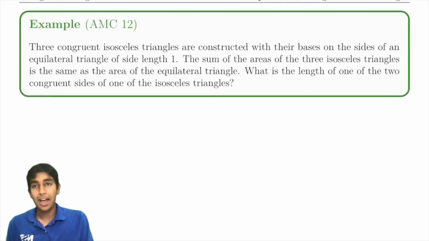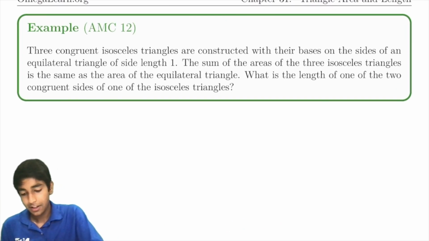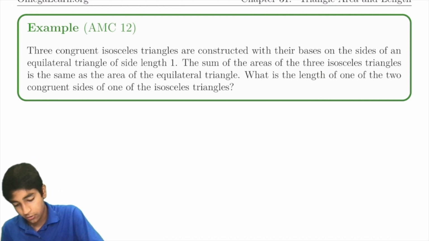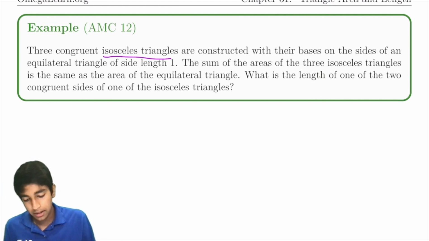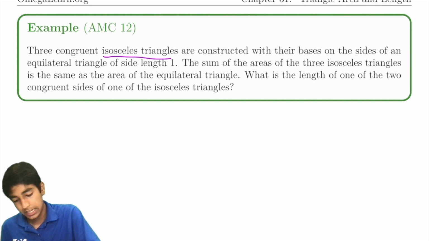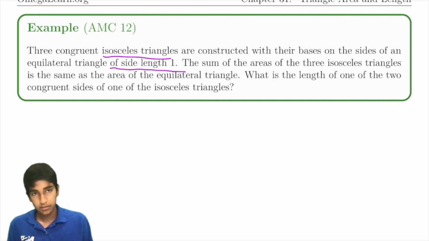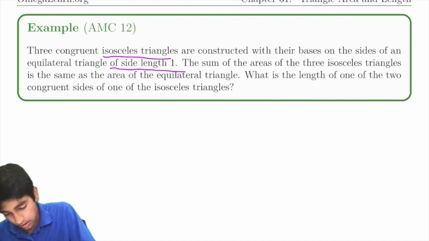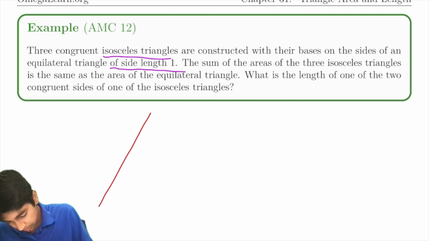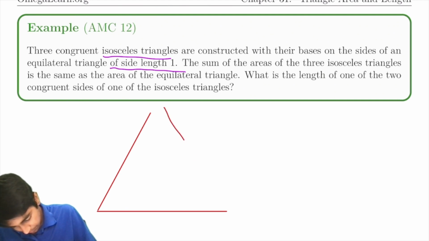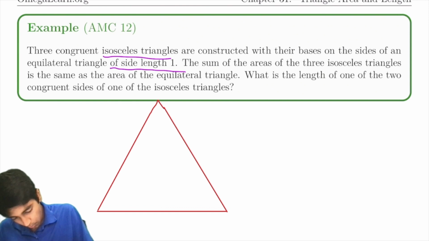Let's take a look at another cool example. 3 congruent isosceles triangles are constructed with their bases on the side of an equilateral triangle of side 1. Okay, let's see. We have an equilateral triangle, side length 1, 1, 1.